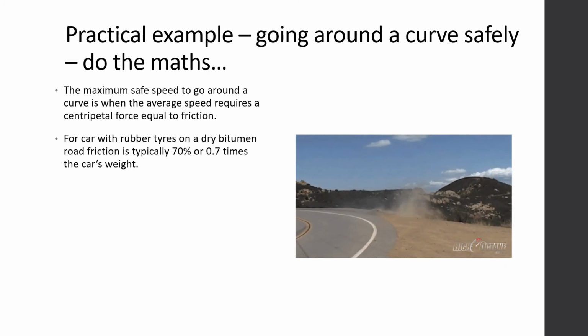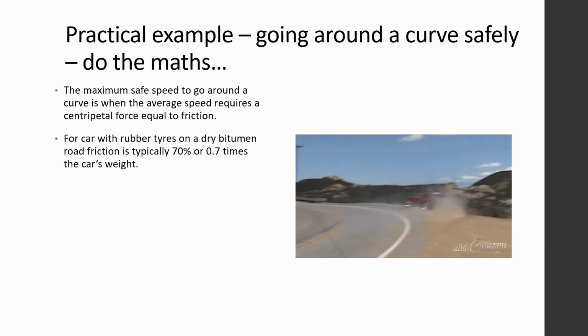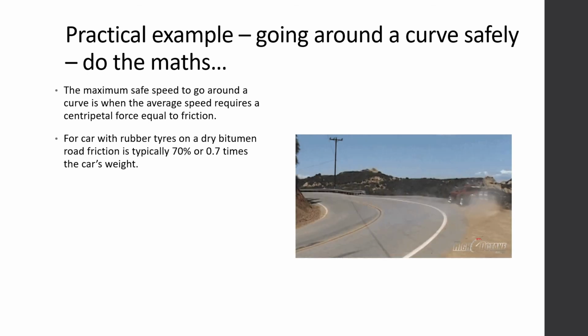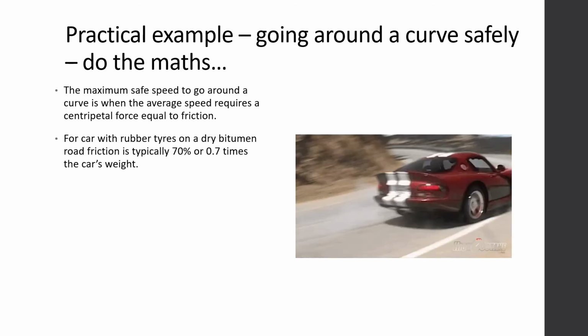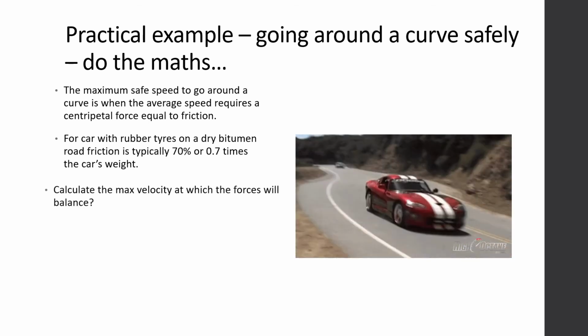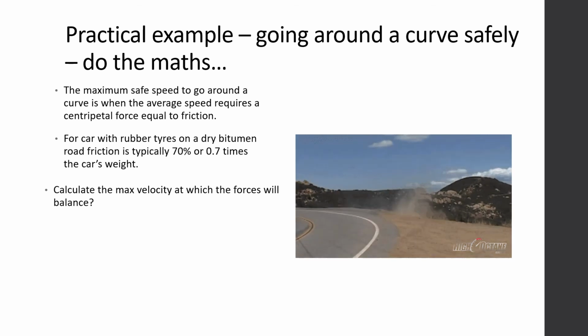So let's think about this practically and do the maths of going around a corner safely. The maximum safe speed to go around a curve is when the centripetal force required equals friction. For a car with rubber tyres on a dry bitumen tar road, friction is typically 70% or 0.7 times the car's weight. So let's calculate the maximum velocity, at which the forces will balance and the car will not skid out of control.